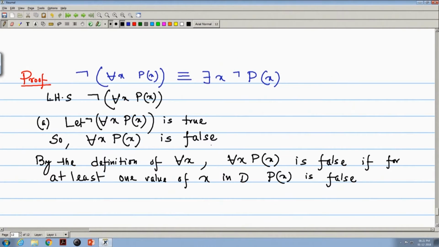So, since it is false, that means there exists at least one value of x for which p x is false.